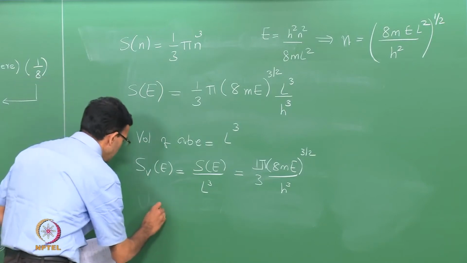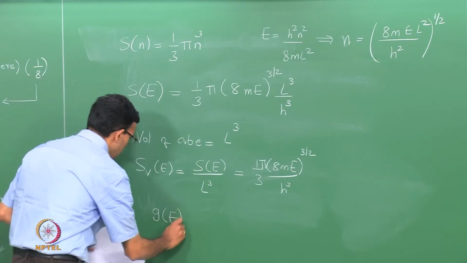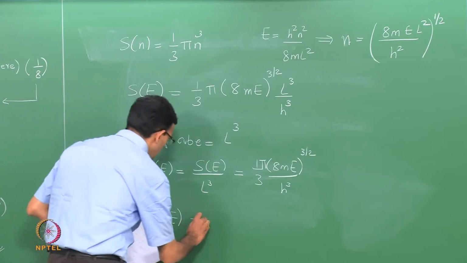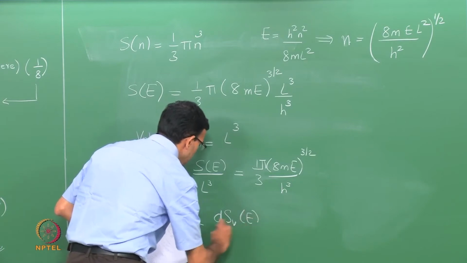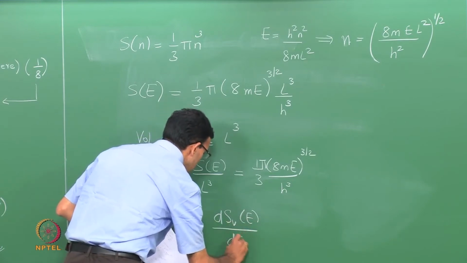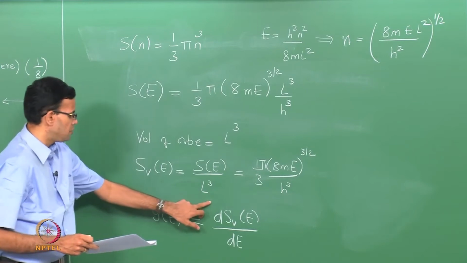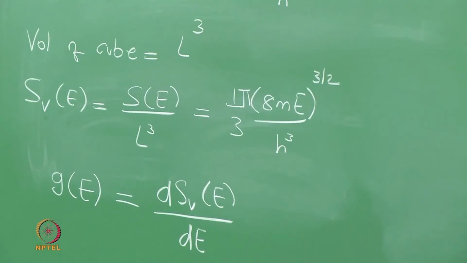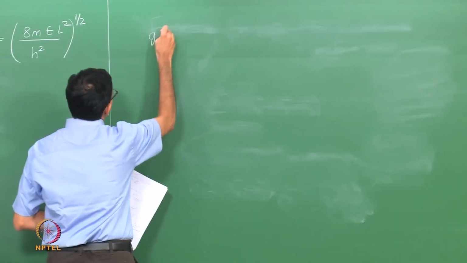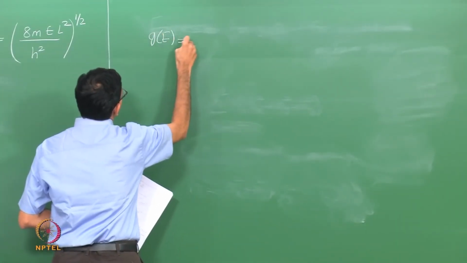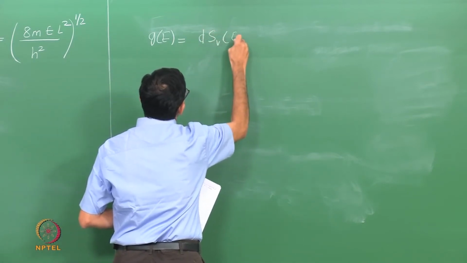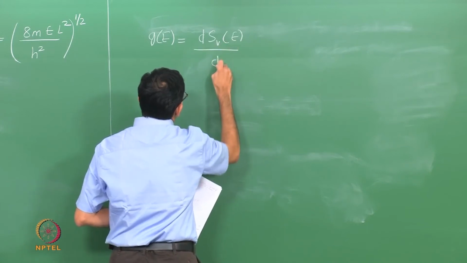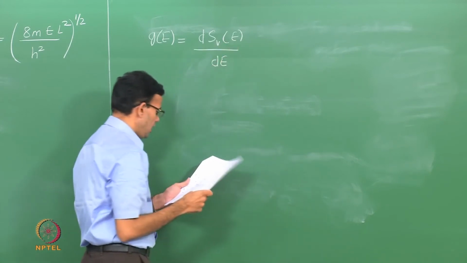If you want to find the density of states, which is G of E, it is nothing but the differential of the total number of states, dS_V over dE. So, let me rewrite the expression here. G of E is the differential of the total number of states with respect to energy.